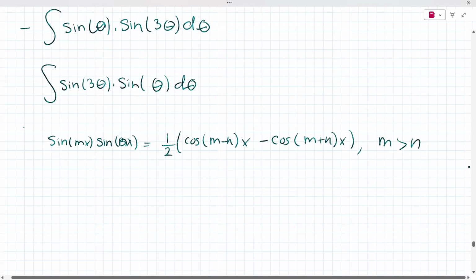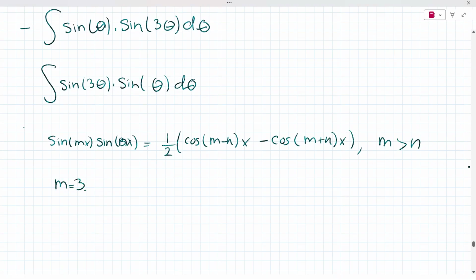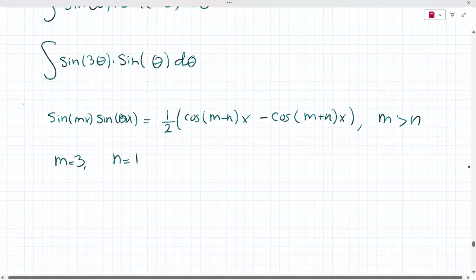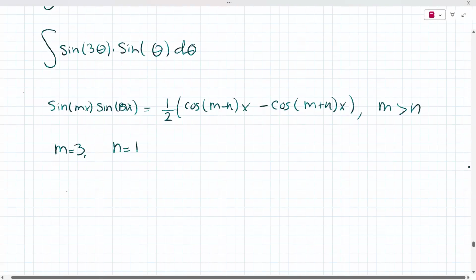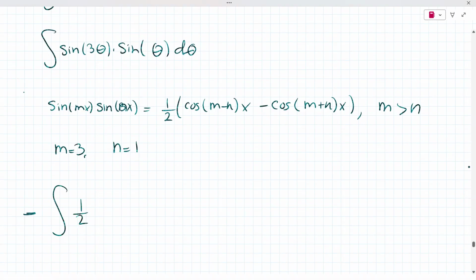So my m is 3 and my n is 1. So now it's going to be 1/2 of cosine of 3 minus 1 theta minus cosine of 3 plus 1 theta.